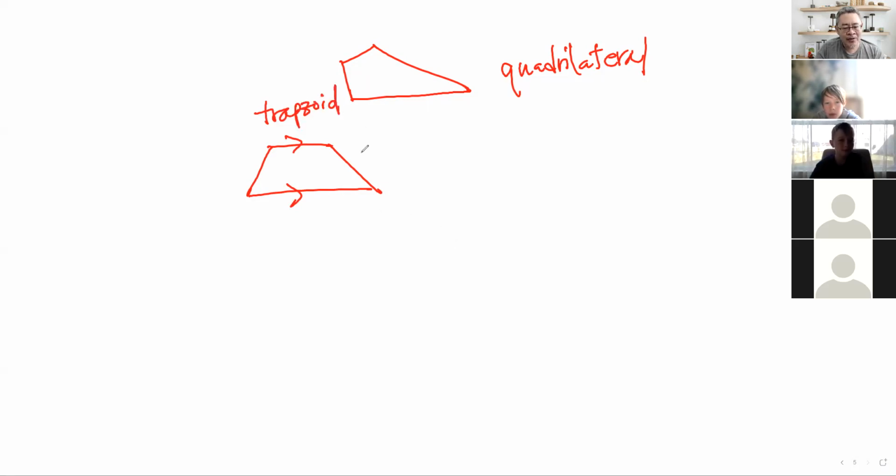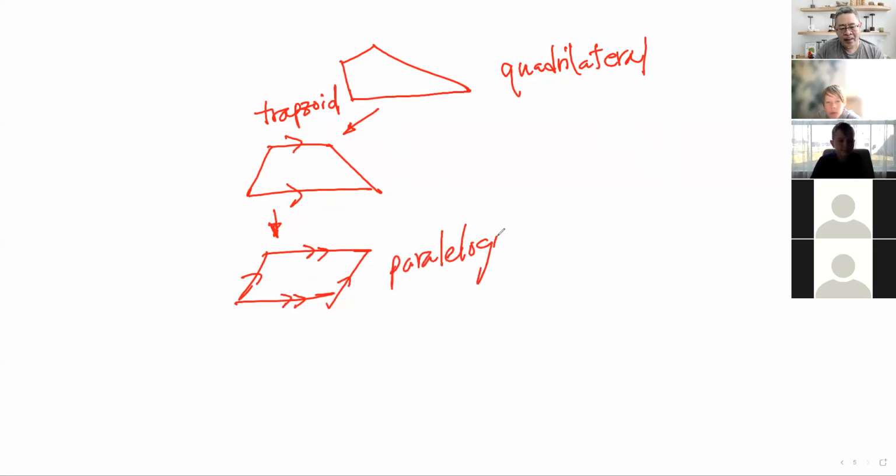Now, a special case, you can think, we can connect it. The special case for the trapezoid will be a parallelogram. This side parallel, this side parallel. That's called a parallelogram. And a special case of a parallelogram would be this.